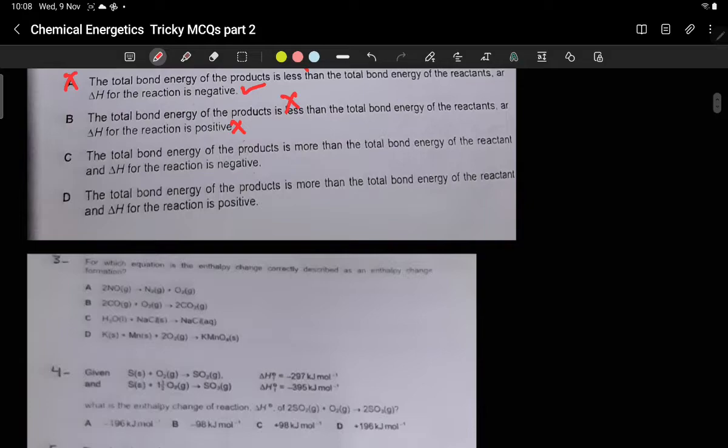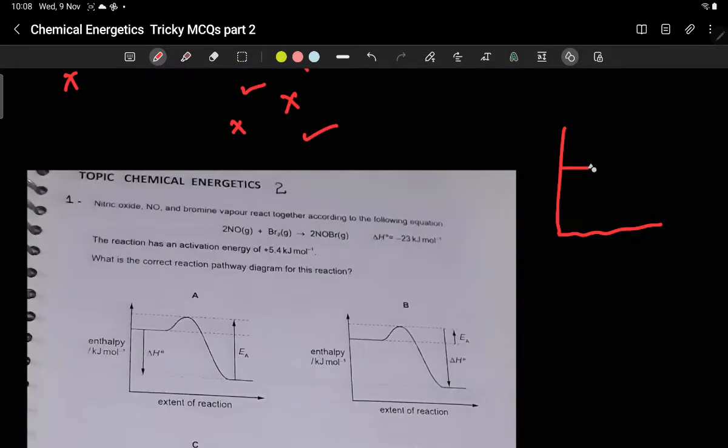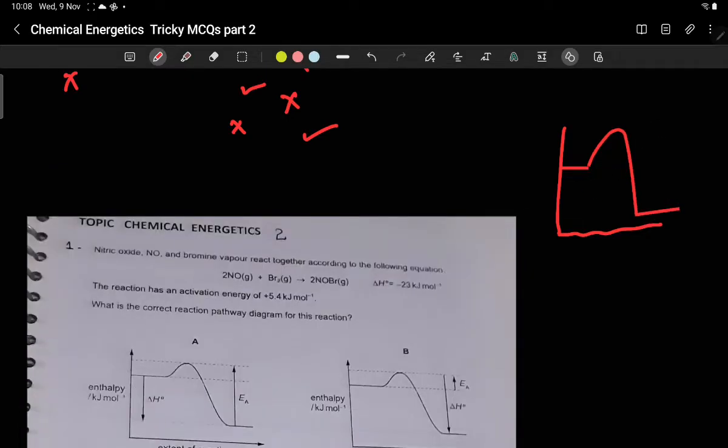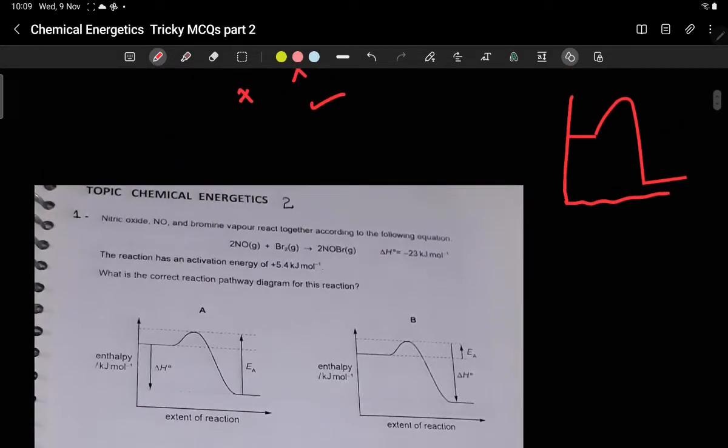C option: the total bond energy of the product is more. This is correct. Look at the diagram. This is the bond energy of the product.